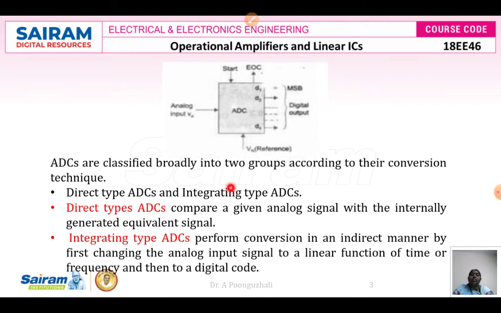In integrating type ADCs, the conversion is performed in an indirect manner: first we change the analog input signal to a linear function of time or frequency, and then we convert it to a digital code.